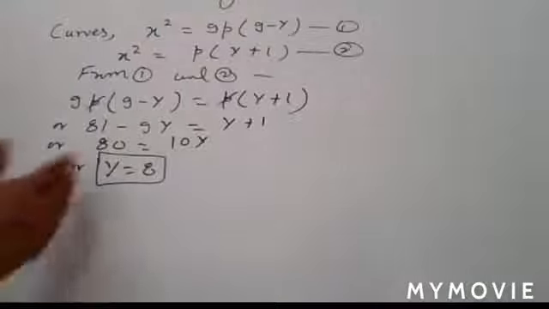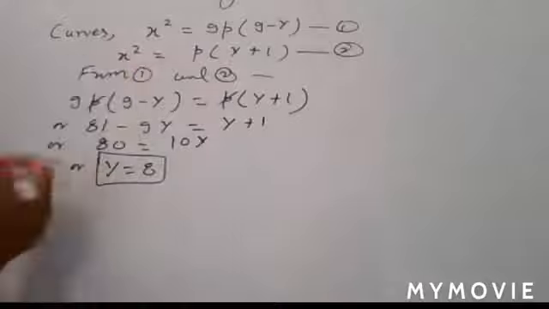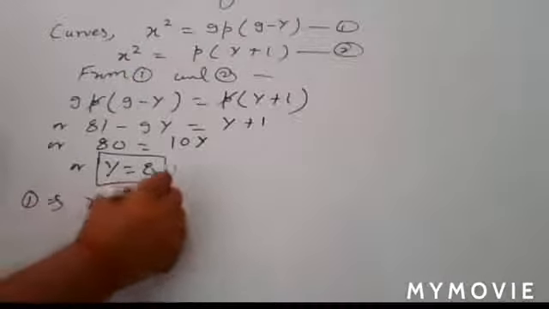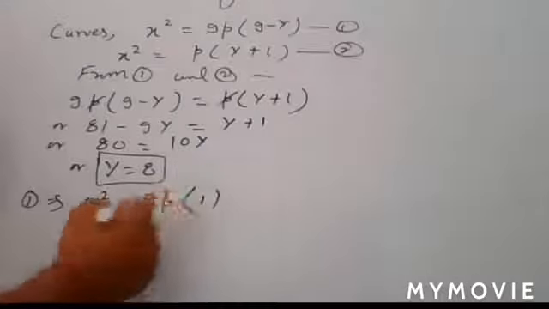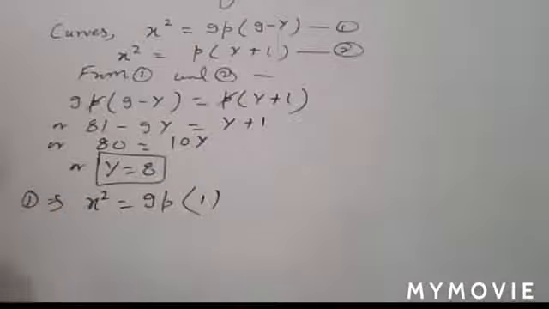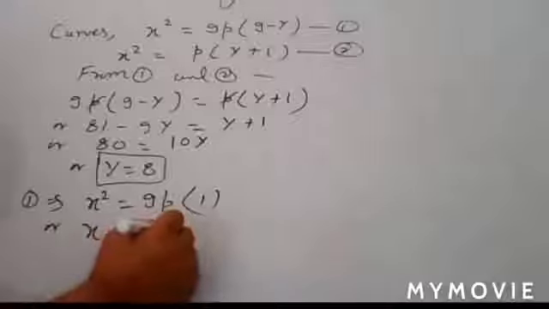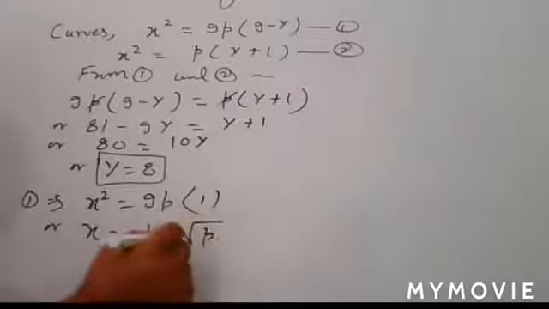Understand? Now putting that value of y in the first equation, x square is equal to 9p into 9 minus y, which is 9p into 1. So the value of x is equal to plus minus 3 times root p.